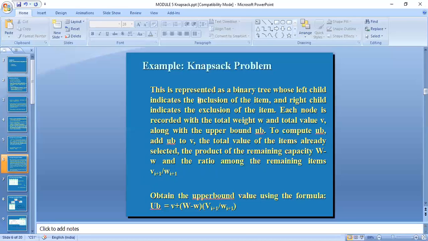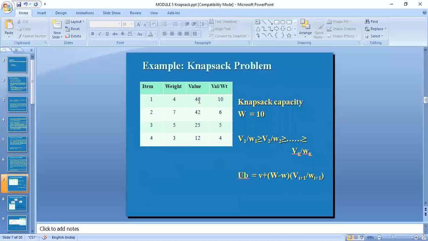So we need to find out the upper bound value by using a formula which uses the current value, the remaining capacity, and the payoff per unit weight for the next item. So the formula given here is, supposing we are given 4 items, with their corresponding weights and values.